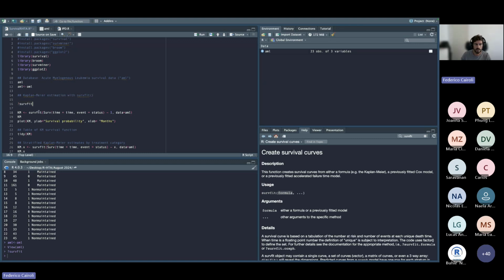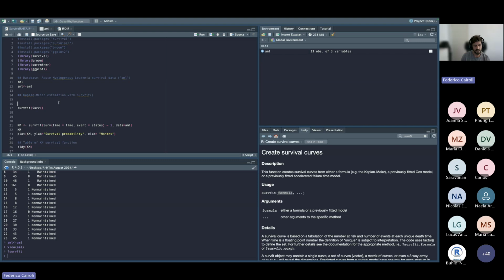So to do that, we put the name of the function, we open parentheses, and we start with one way to define this formula, which is using another function, which is called Surv. And here again, we can go to find some information about this specific function.